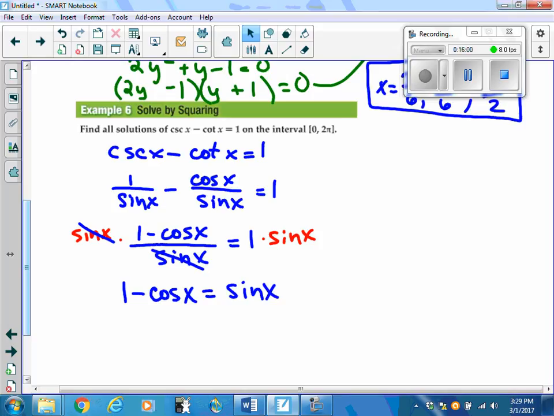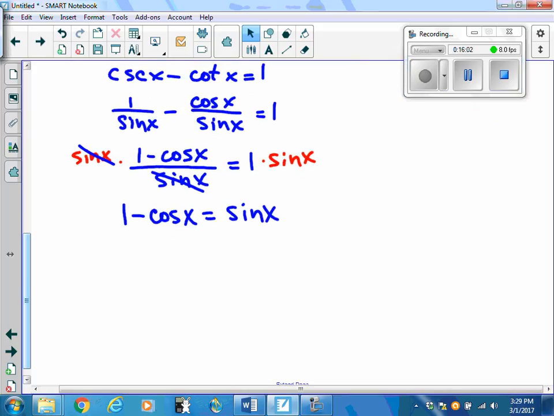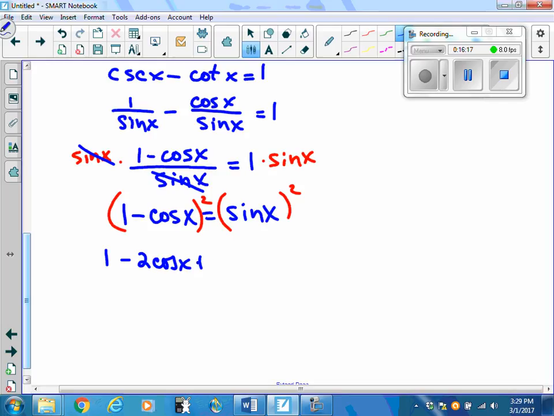And then I'm going to square both sides. On the left, if I did the FOIL method, that would be 1 minus 2 cosine x plus cosine squared x. And then on the right side is sine squared x.